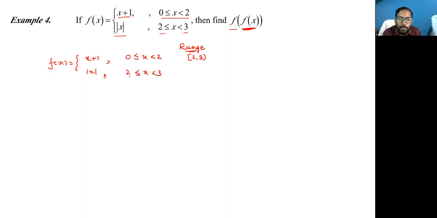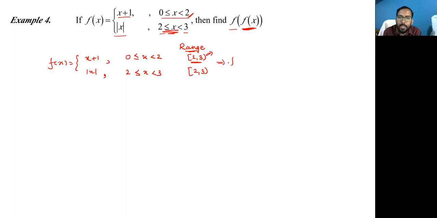And for x belongs to 2 to 3, we have mod x and the range will be 2 to 3. Now this range will be a subset of the domain. Here the range is 1 to 3 and the original function breaks at 2. So we need to break this range into 1 to 2 and 2 to 3.